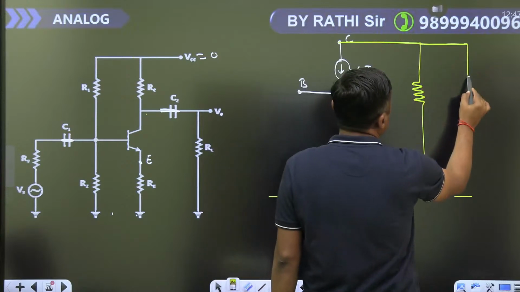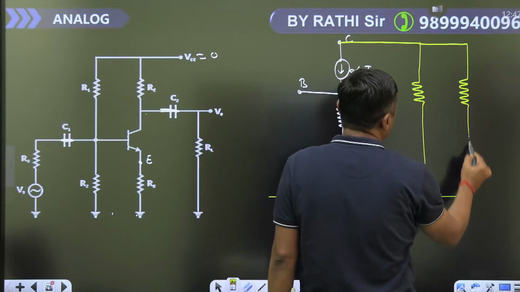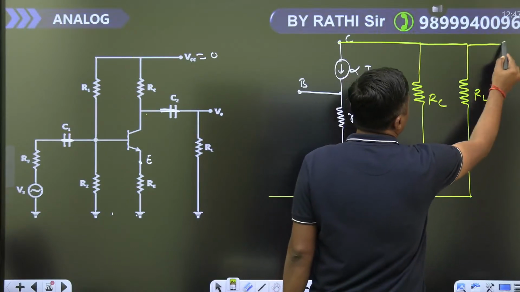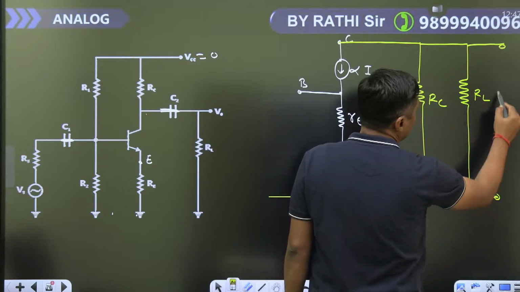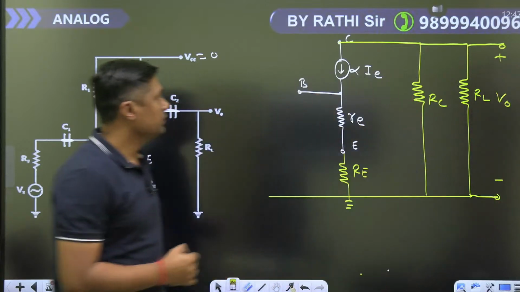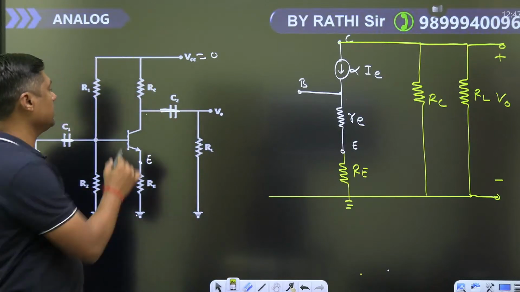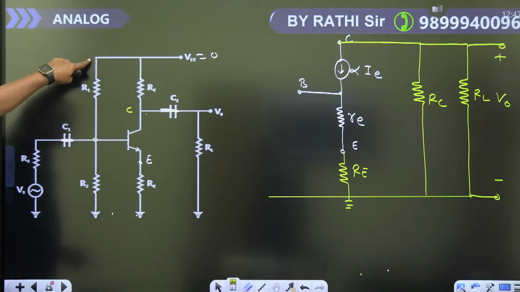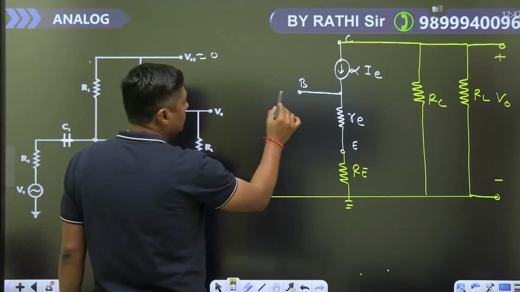Electrical and electronics students, this is a very important model and very simple. RC parallel with RL. Small signal model. V0, we are getting the output from the collector terminal. Now, base to ground R1, base to ground R2 are connected.